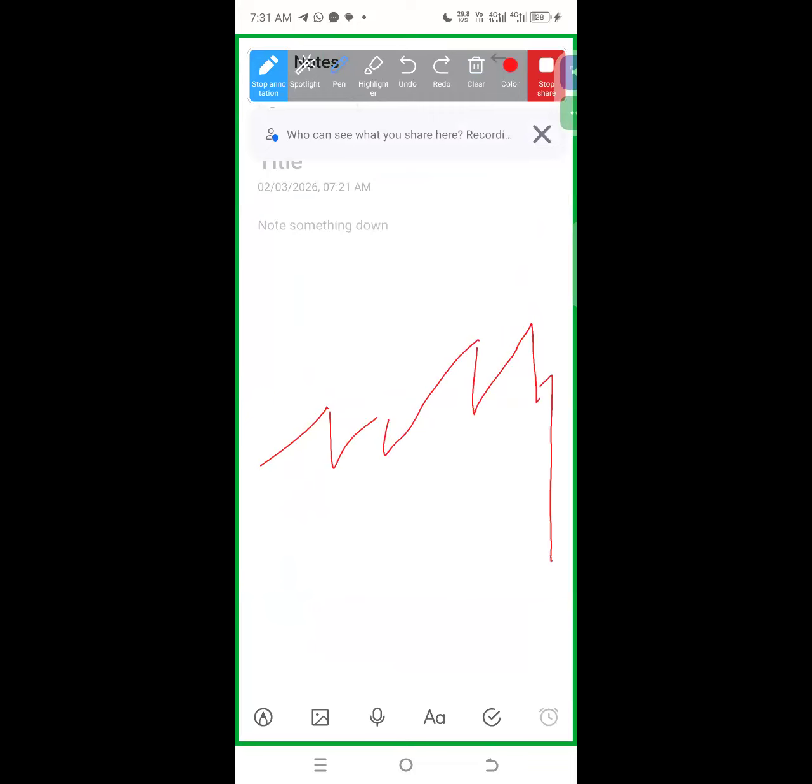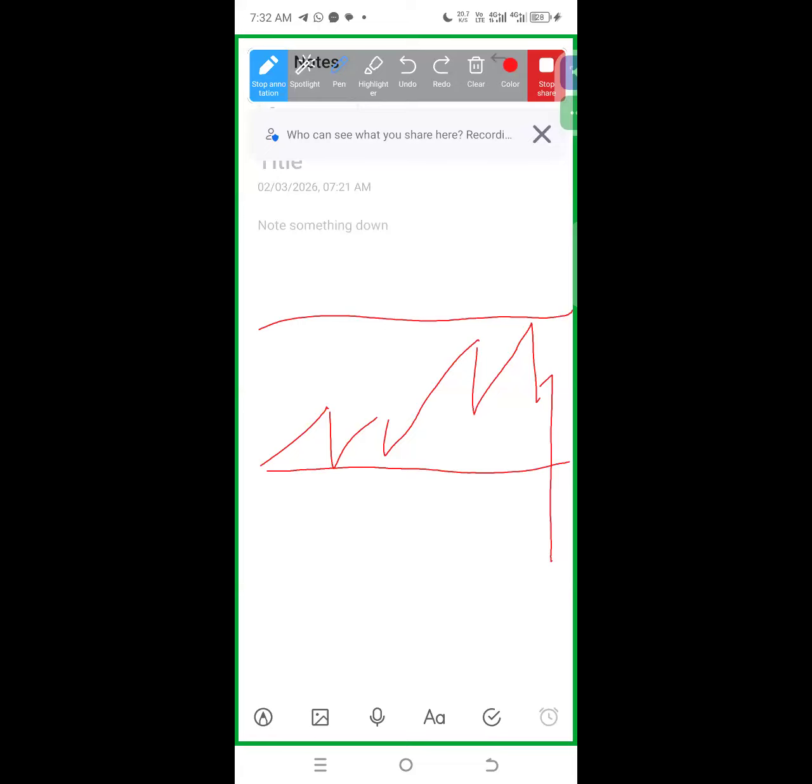Now you've taken time to draw your support, taking time to draw your resistance zone. On this chart, what we are saying is that you want to identify the structure of the market so that you can know the next move.